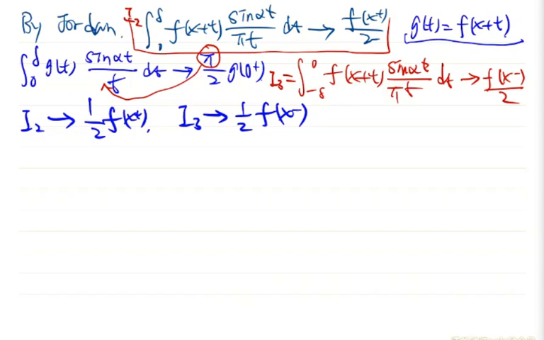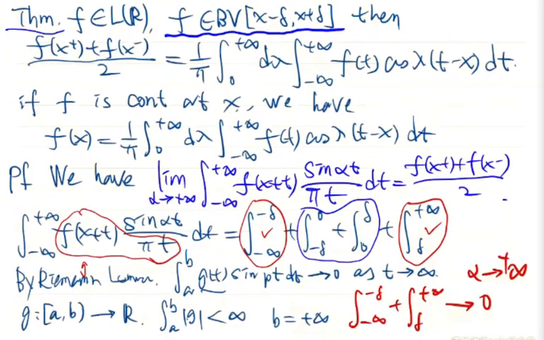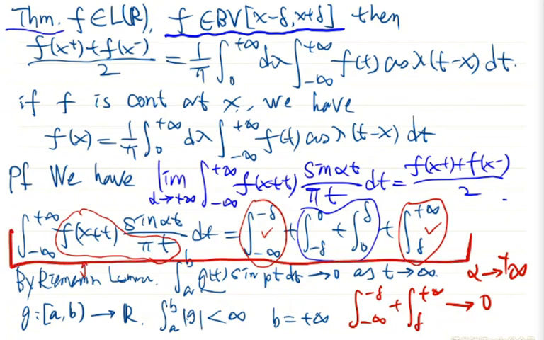Then substituting this result to this equality, the first and the fourth term go to 0. The middle terms, the second and the third, go to half of f(x+) and half of f(x-).